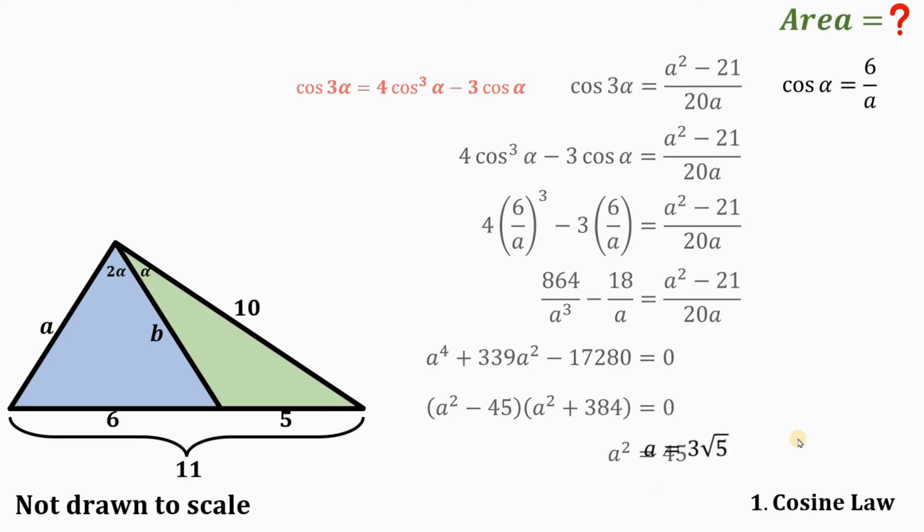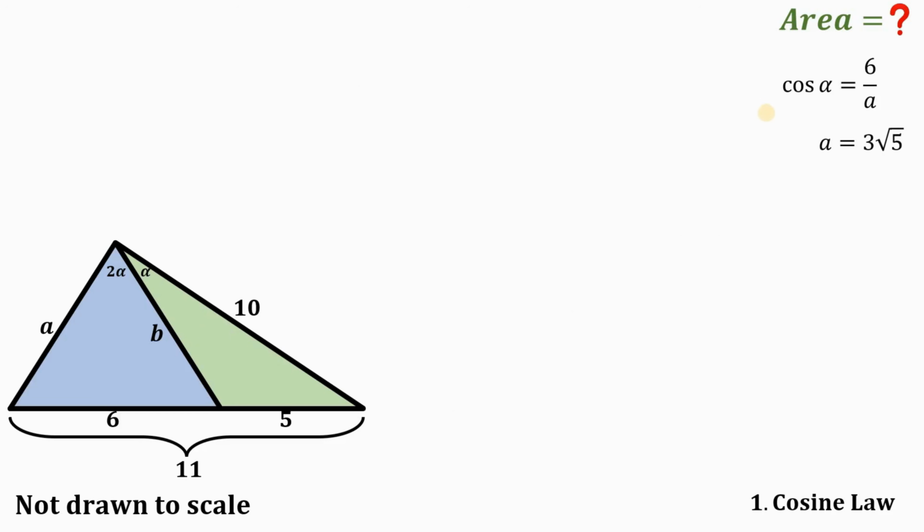And that is the value of A. Now, we know that cosine alpha is 6 over A, and A is 3 times square root of 5. In short, cosine alpha is 6 over 3 times square root of 5. Simplify, this becomes 2 times square root of 5 divided by 5. And now at this point, we have the value of A.